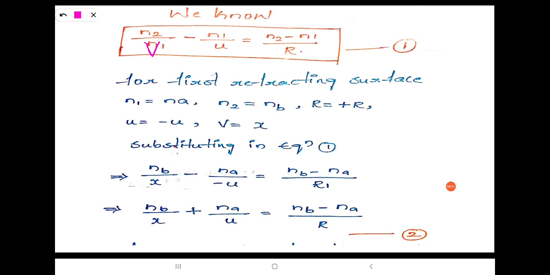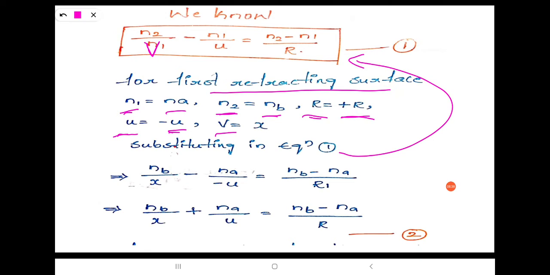Now, for the first refracting surface, N1 equals NA and N2 equals NB. For the first refracting surface, the radius of curvature is plus R1, right? And the object distance is minus U, because I am applying the sign convention, and V equals X. Now substitute all these values in equation 1.